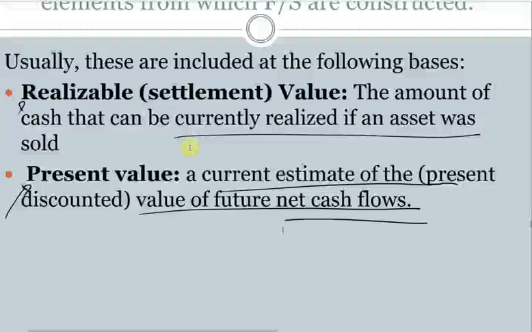The historical model is the amount that I paid for. The current model is the amount that I can pay to replace the asset. Realizable amount is the amount that I can get for that asset if I sold it today. While the present value, you're estimating the cash flows in future, and that will be the value.